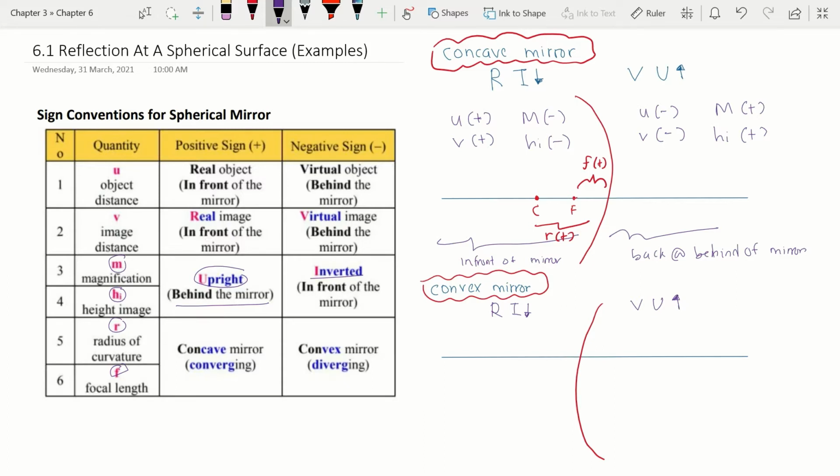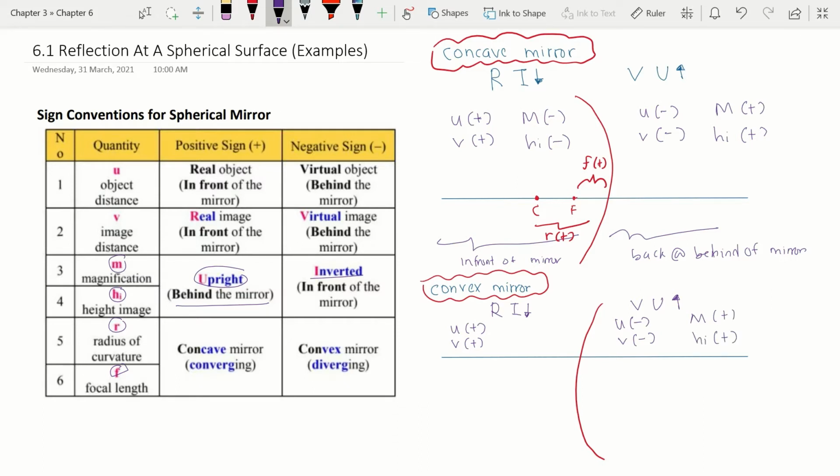If the object is in front of the mirror, it has a positive sign, and if the image is in front of the mirror, it has a positive sign as well. If it is behind the mirror, the object and the image have a negative sign. As for magnification, if we get an upright image, which is behind the mirror, the magnification and height of the image are positive.